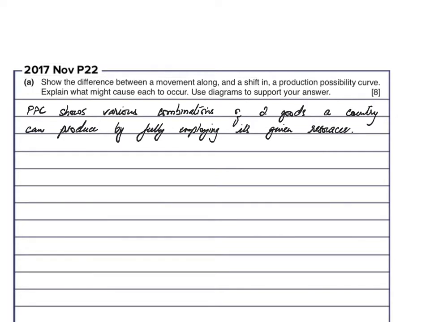Okay, so it shows various combinations of two goods a country can produce by fully employing its given resources.